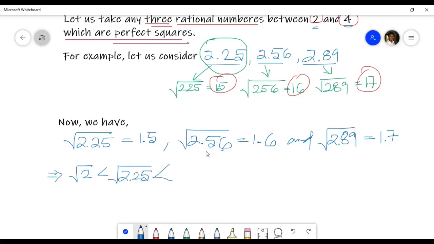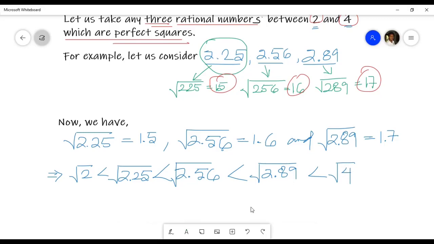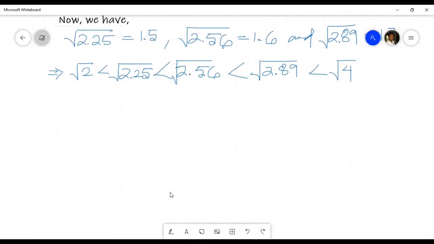Root 2 is smaller than root 2.25, that is smaller than root 2.56, and root 2.56 is smaller than root 2.89, and root 2.89 is lesser than root 4. Now you see that these three numbers which are perfect squares, we have put them between root 2 and root 4.